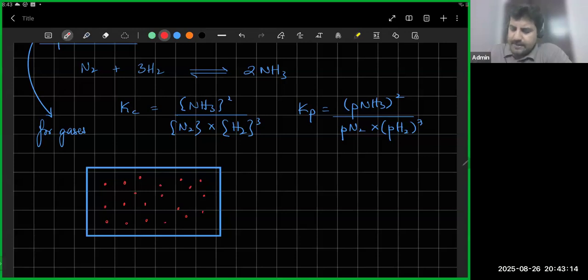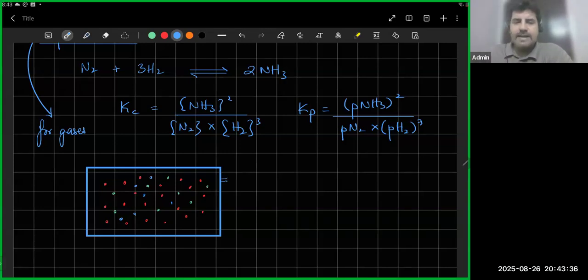You use Kp. So for example, I've got this container. It's got N2 and NH3 gas, and let's say the blue ones are H2 gas particles.